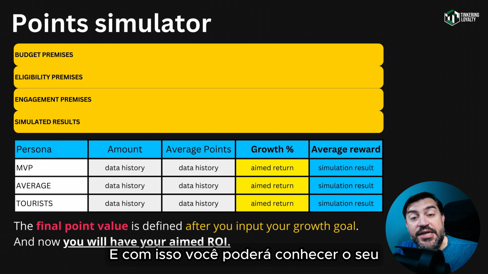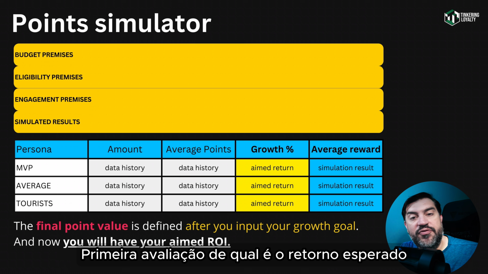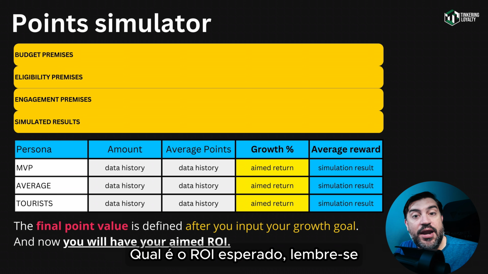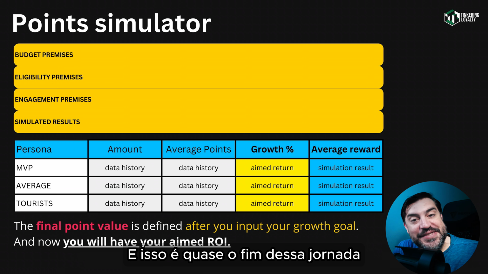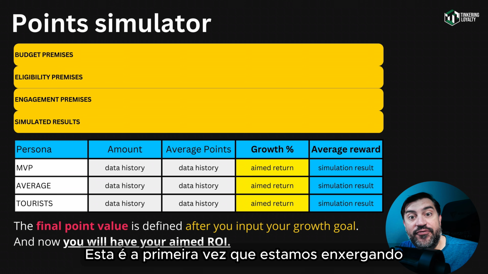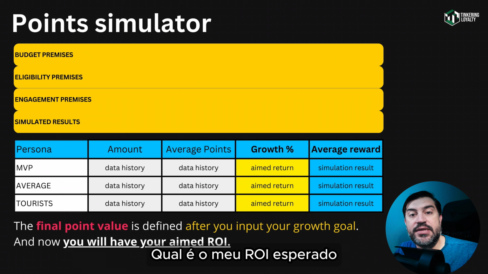And with this, you will be able to know your first evaluation of what is the expected return, what's the expected ROI. Remember, we started this because we were in our quest for the holy ROI, and this is almost the end of that journey. This is the first time that we are seeing what is my expected ROI.